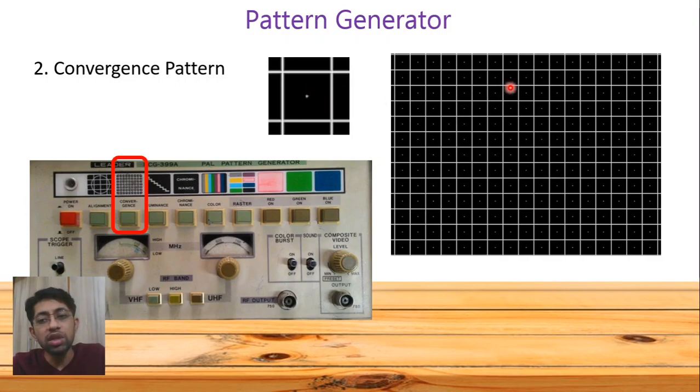Now these horizontal and vertical bars are used to check the linearity of the current flowing through the horizontal deflection coil and vertical deflection coil. So now let us get some detail about these patterns. Let us assume that the electron guns are not converging, that is, they are diverging. Then what could the pattern look like?